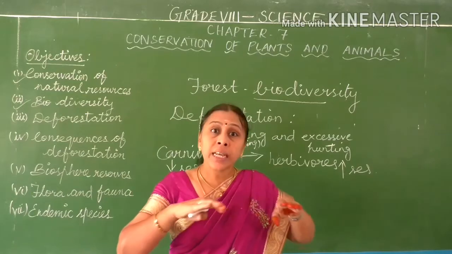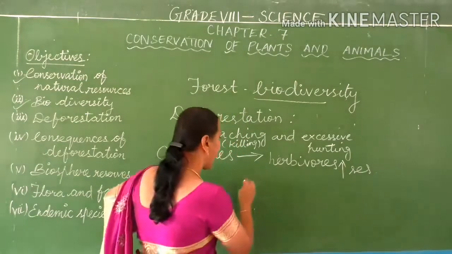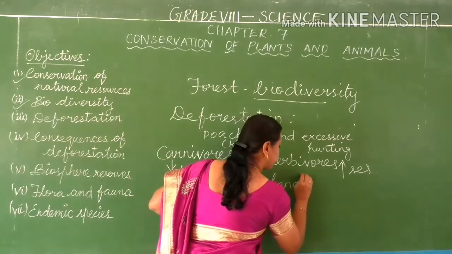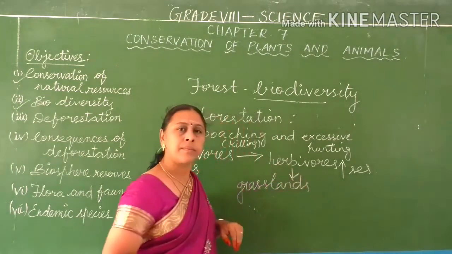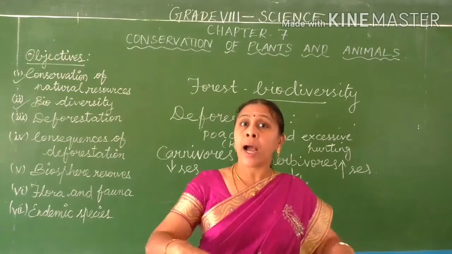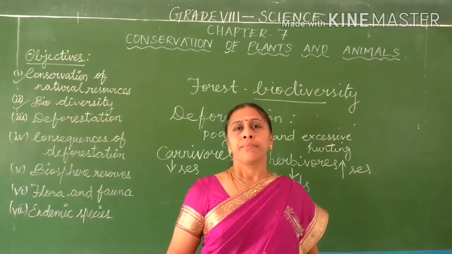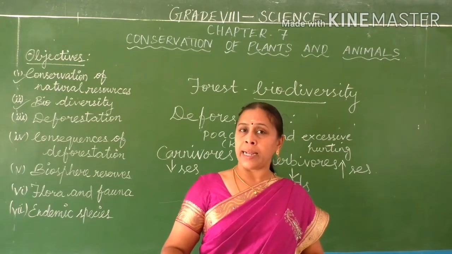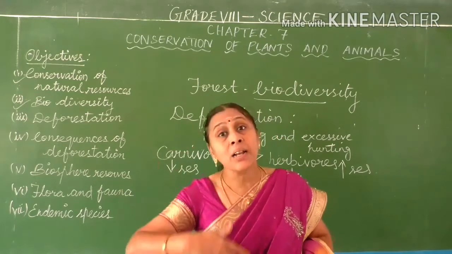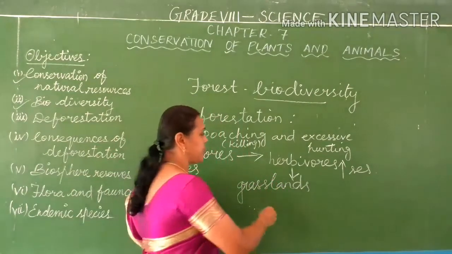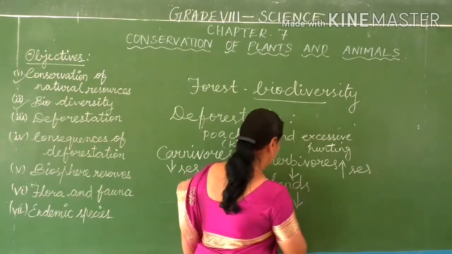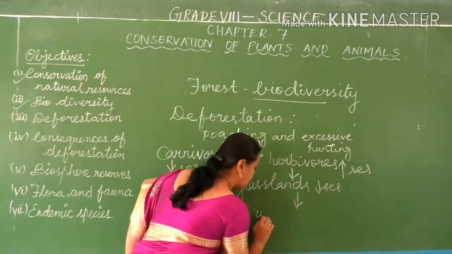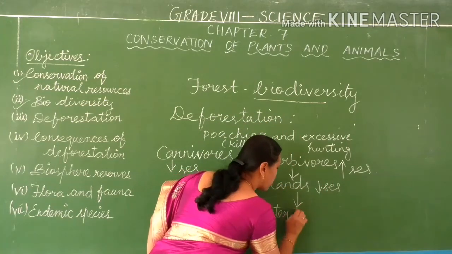So the vegetation gets affected, the grasslands get affected, and the vegetative area decreases. As there are no plants, the water cycle also gets affected.